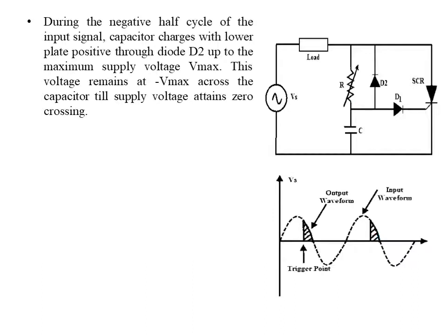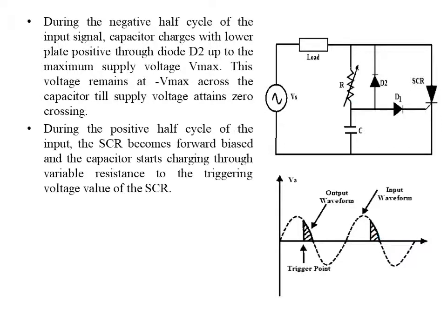During negative half cycle of the input signal, the capacitor charges with lower plate positive through diode D2 up to maximum voltage Vmax. This voltage remains at minus Vmax across the capacitor till the supply voltage attains zero crossing.